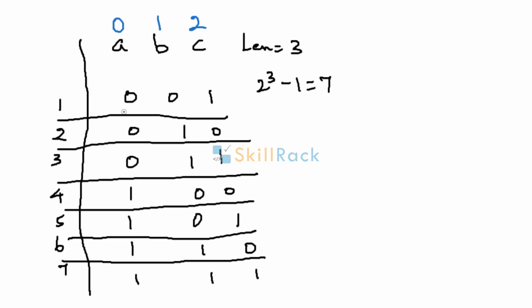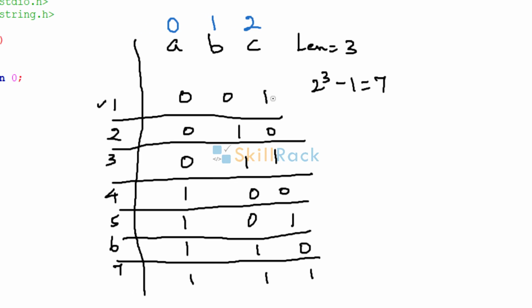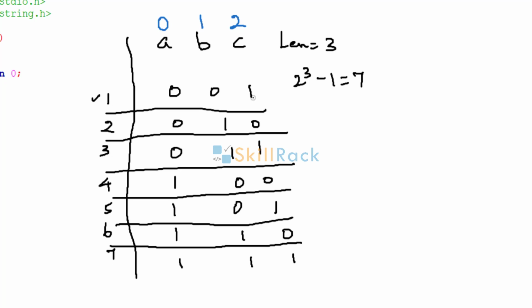So why have we written the binary representation from 1 to 7? Because if you observe the binary representation, wherever 1 is there, pick the corresponding character in the string. Then you will get all the combinations. So let's consider 1. Where is 1? Here it is there. What is the corresponding character?